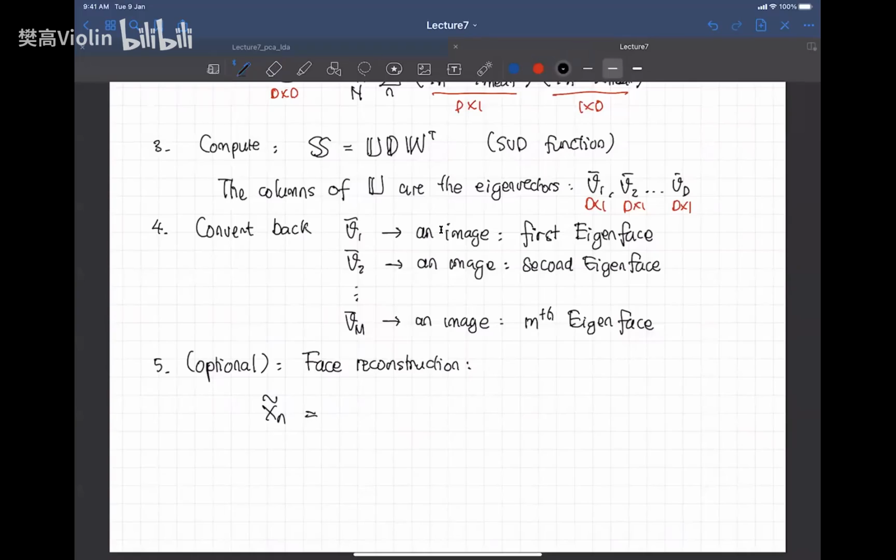To reconstruct x_n, you have x mean, and you add U, which is the eigenvectors, times U transpose times (x_n, the original face image, minus x mean).